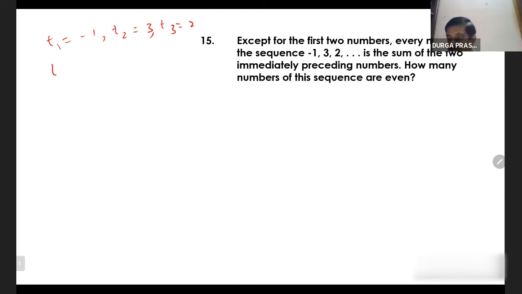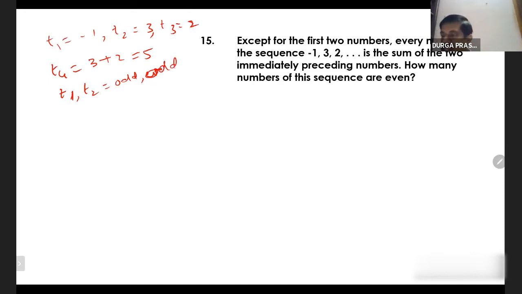So what is T4 now? T4 is the sum of the two immediately preceding numbers, 3 plus 2, that is 5. So that means if you take any two numbers, one of them is odd and the other is even. You take T3, T4, odd, even. No, T1, T2 is an exception. Both are odd.